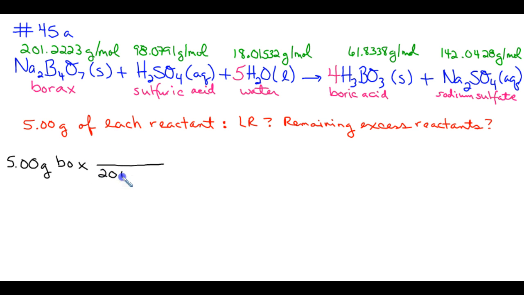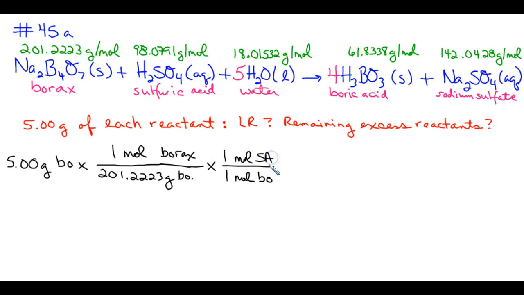So 201.2223 grams of borax to 1 mole. Mole ratio from the balanced chemical equation, there is 1 mole of borax to every 1 mole of sulfuric acid. And I need to convert this to grams because our initial amounts were given in grams.